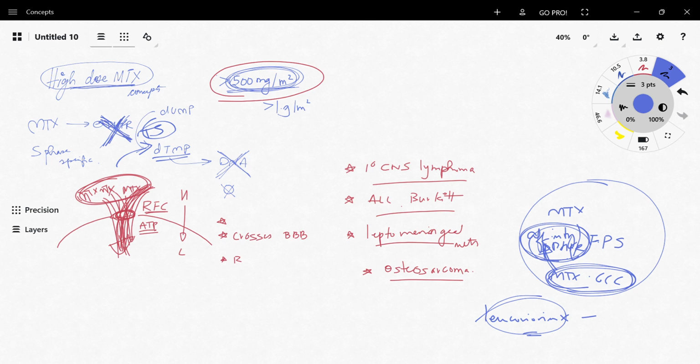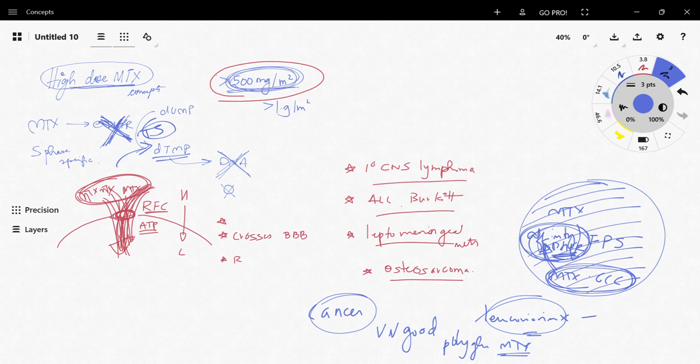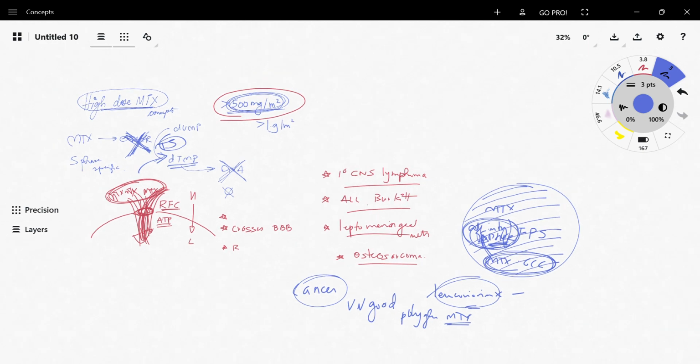Now, the thing about cancer cells is that they are very, very good at polyglutamating methotrexate, right? So the affinity for dihydrofolate reductase is very high inside cancer cells. And because normal cells are not very good at polyglutamating methotrexate, leucovorin is very good at becoming a competitive inhibitor of methotrexate in normal cells, but not so much in cancer cells.